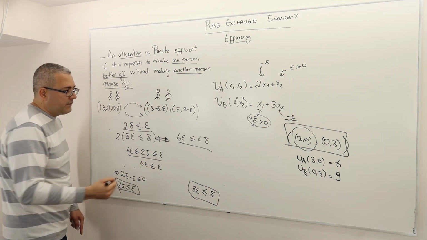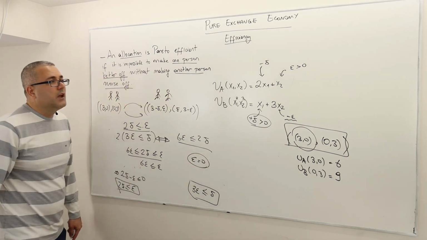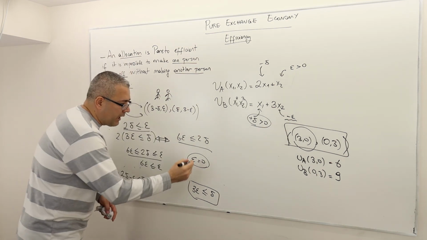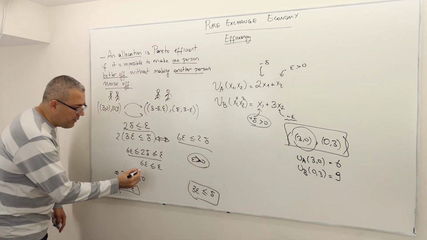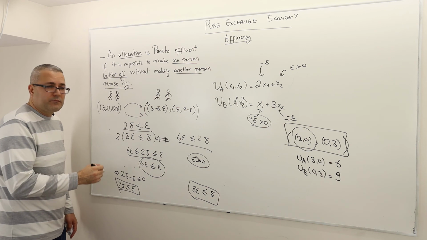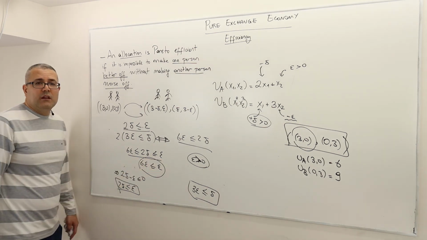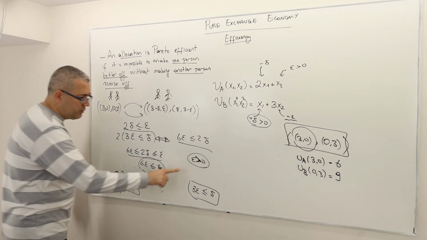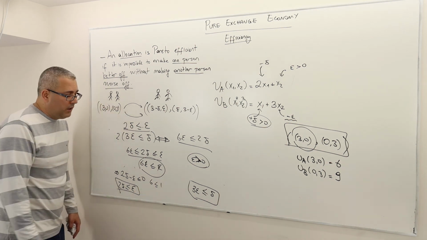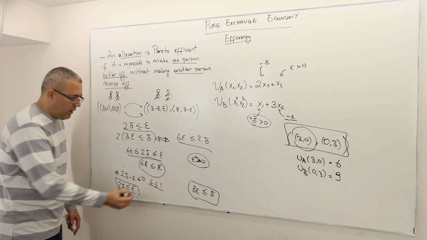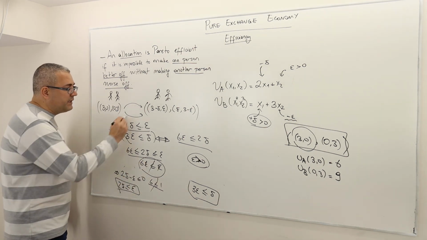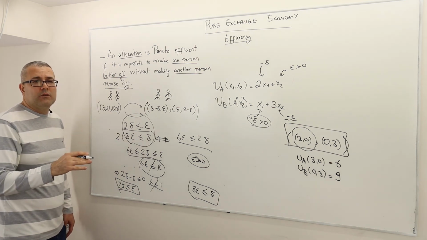So I know that epsilon can be 0, obviously, but if epsilon is 0, remember I said improvement is impossible. So therefore I have to look at cases where epsilon is positive. But the question is, is it ever possible that 6 times some positive number is less than or equal to itself? Well, clearly this is not possible, because when epsilon is positive, I can cancel it out. That means 6 is less than or equal to 1. Well, hell no. I know that 6 is not less than or equal to 1. Therefore, these two inequalities can never hold.